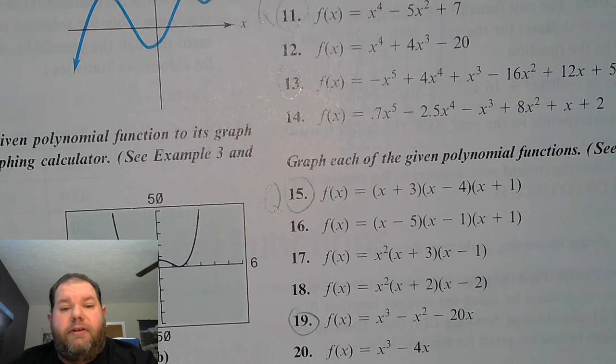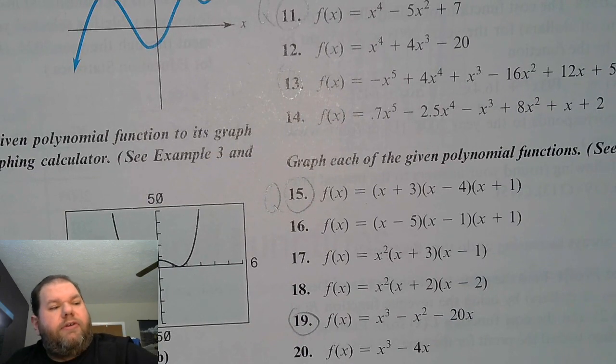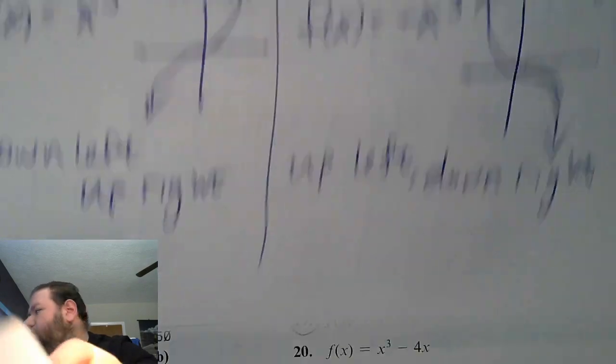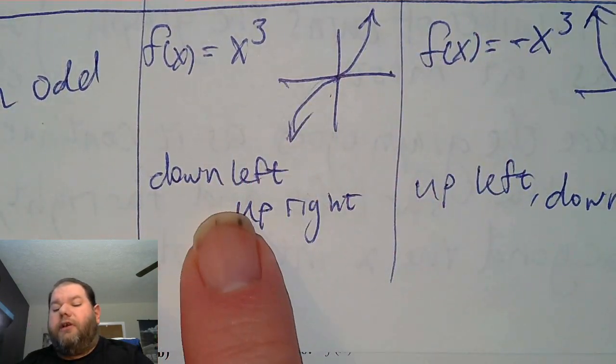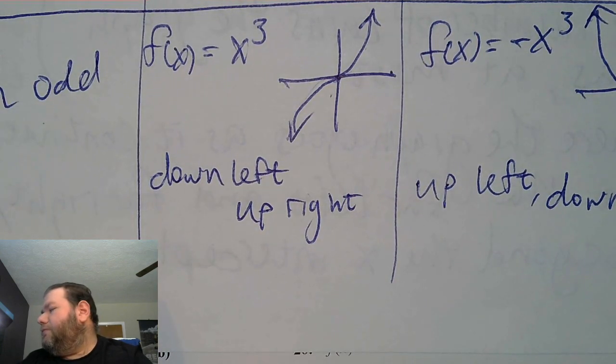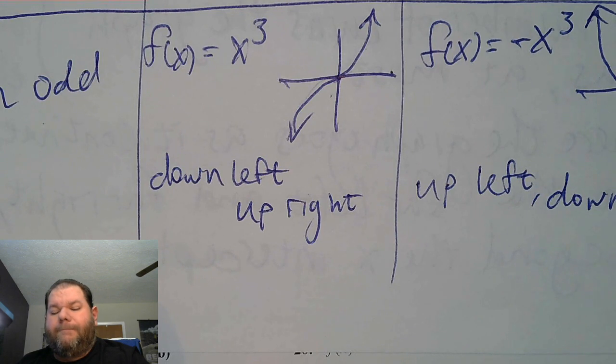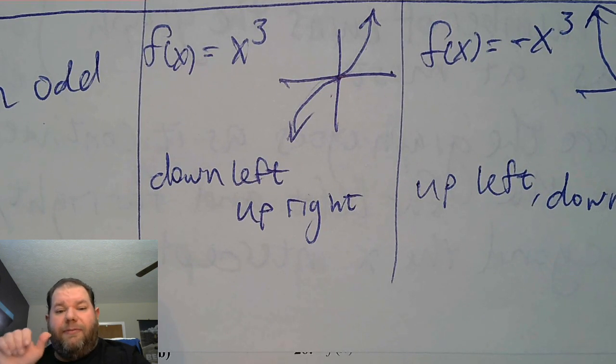And so because the leading term is x cubed, then we know it has at most 2 turning points, one less than the degree. And with x cubed, we already know x cubed goes down left and up right. Okay. And so we know what happens on the outside, and we just have to determine what happens in between because of that.